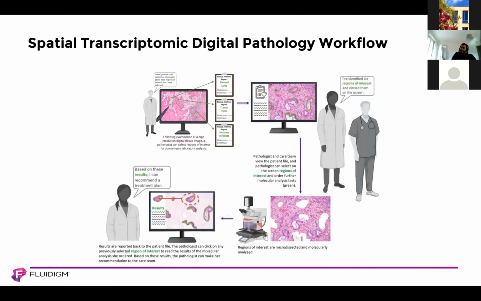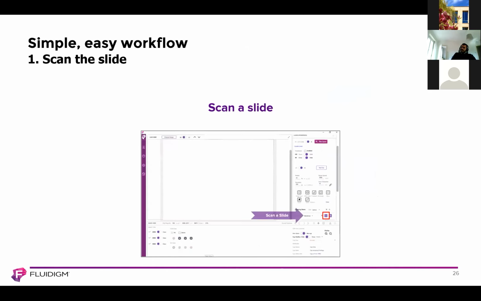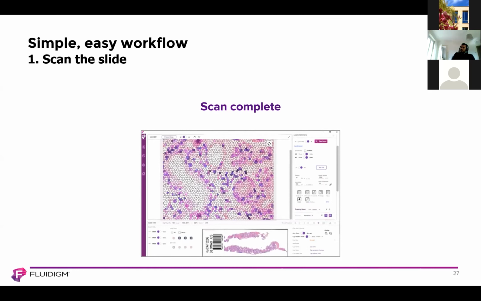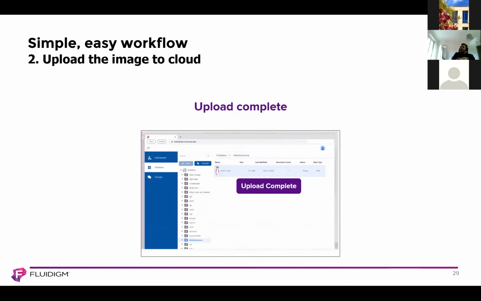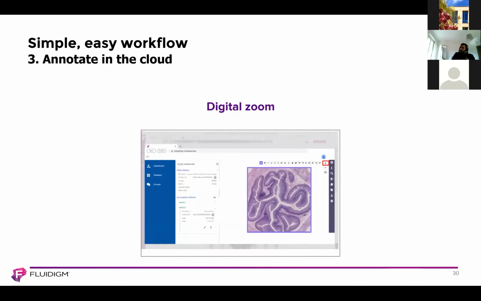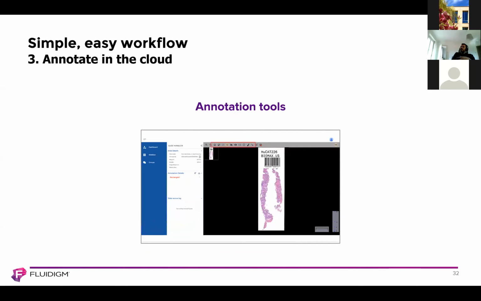And this can be done quite easily with this up-and-coming system, because fundamentally, this technology will allow you to place a slide directly on the laser capture microdissection system itself and do a whole slide scan. And once that's done, that image can be uploaded directly to a cloud-based system that we can manage. Then you can zoom into the image as required and annotate it as need be.